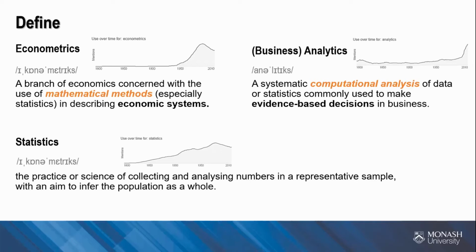Business analytics is basically computational analysis used for evidence-based decisions. If you look at econometrics and business analytics, in econometrics you use more mathematical methods, and in business analytics you use more computational analysis. And the tools that you'll be using, I'll be explaining later on, in one of my last slides.